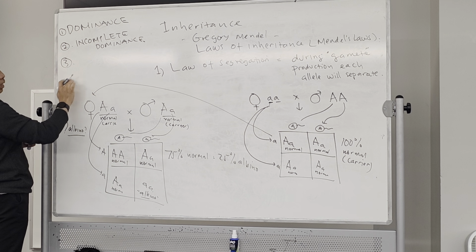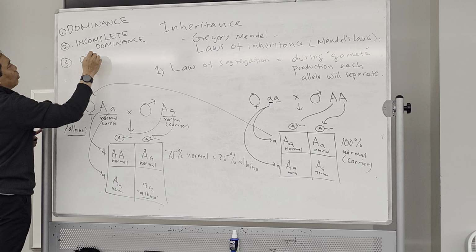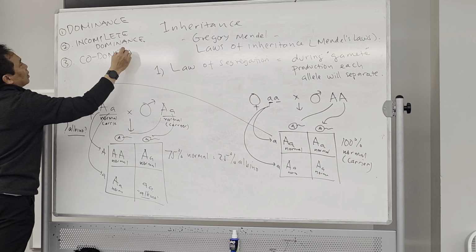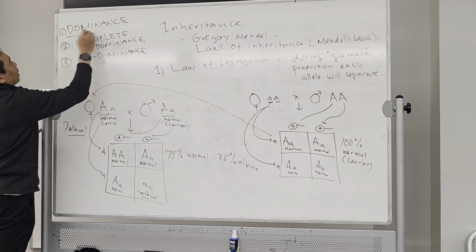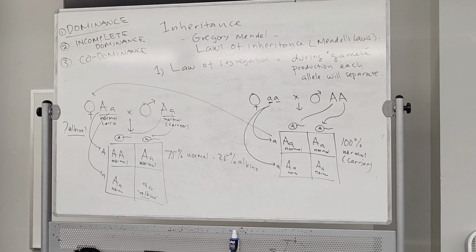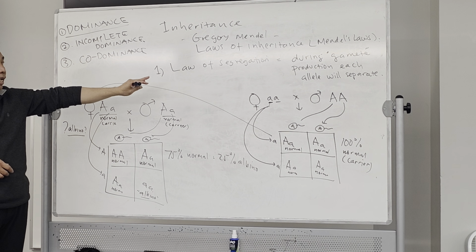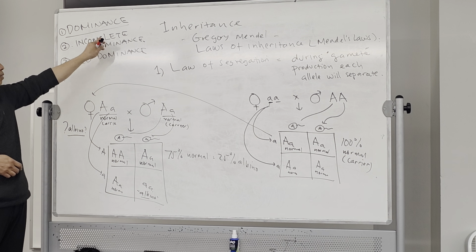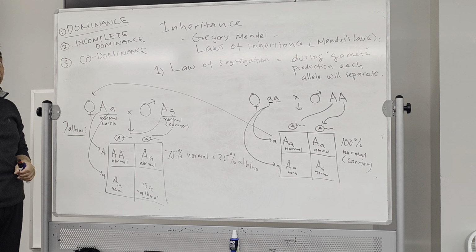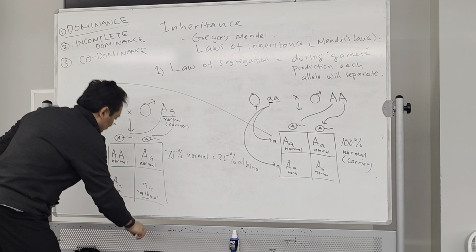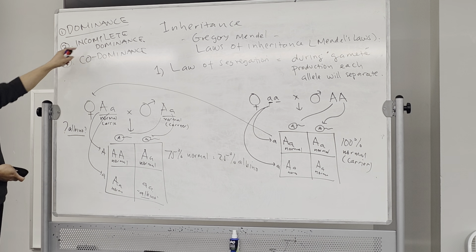There is another type of inheritance called codominance. Right now we are working on the dominant alleles, the allele that covers the recessive allele. So that's if we follow the first law, the law of segregation, and also the third law, which is the law of dominance. You follow this?